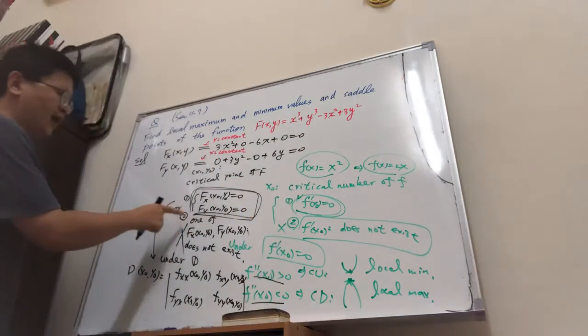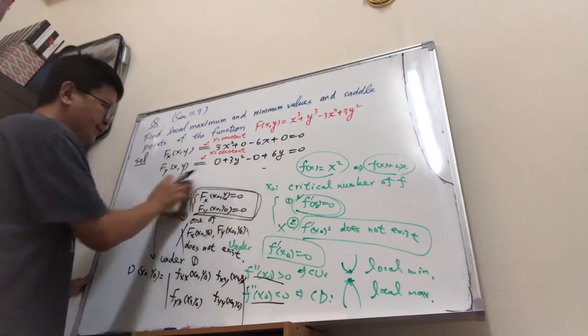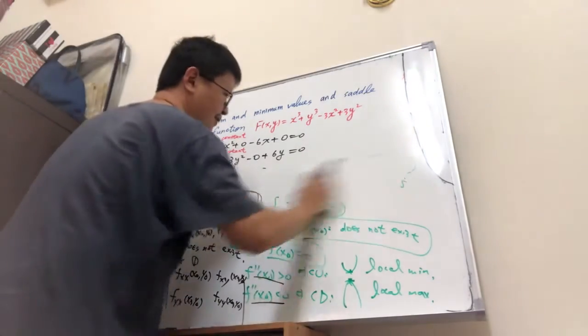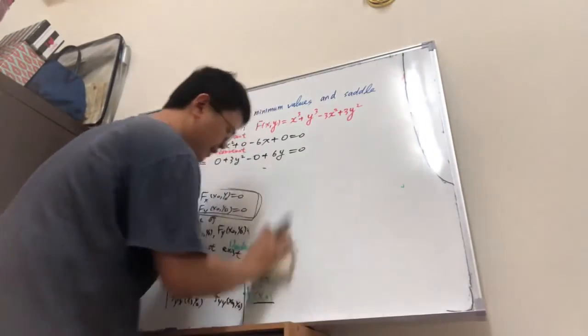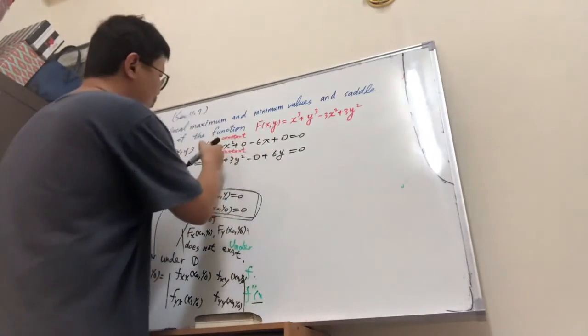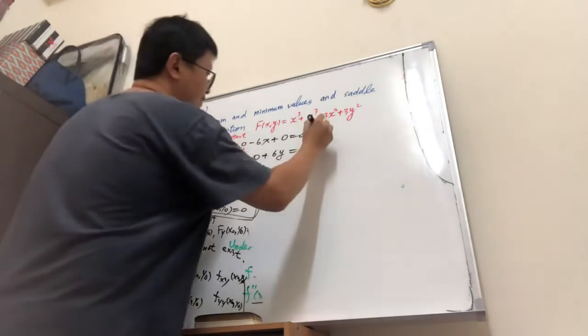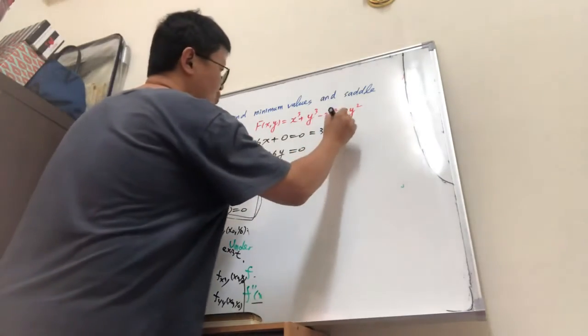To check x0, y0, we should check its solution. This time, we take out the common factor 3x, then we still have x minus 2.